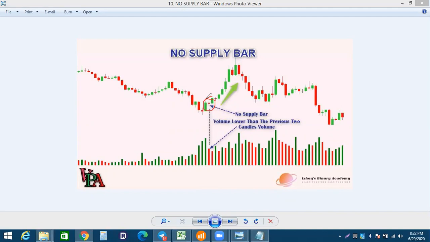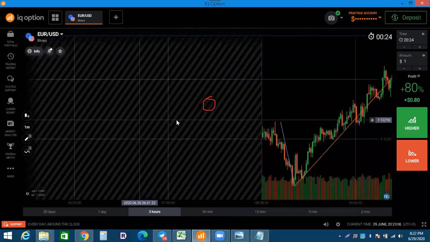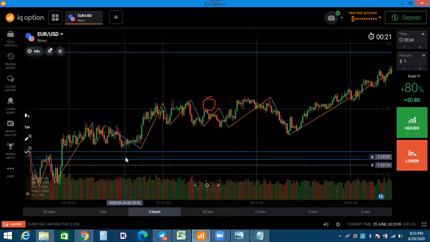When you trade the engulfing candle, the morning star, or the piercing line pattern, after the piercing line pattern you find the retracement candle. If that retracement candle's volume is low compared to the previous 2 bars, it confirms that this pattern will work well. So now on the chart we find this type of signal. Any pattern we find, after the retracement we analyze whether it's working or not working.